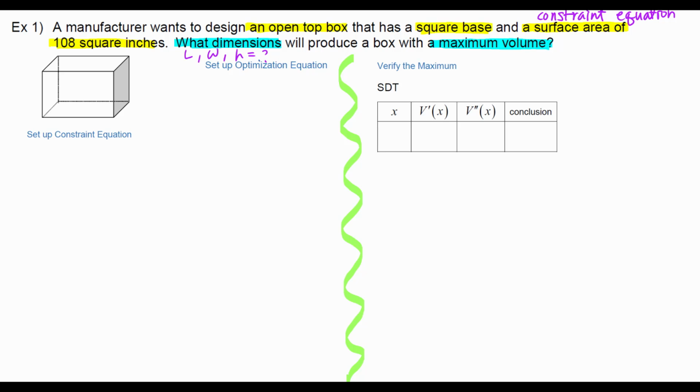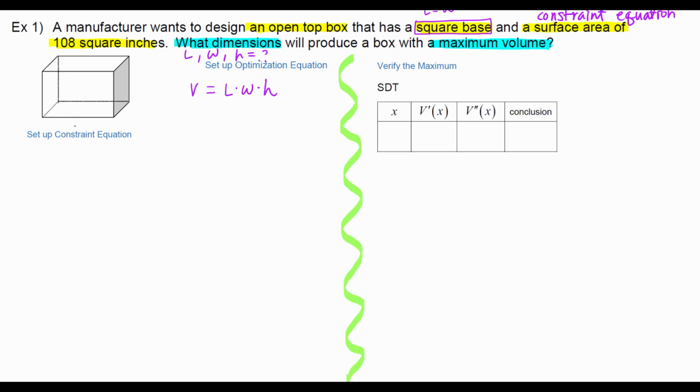So let's now try to set up an optimization equation. What are we trying to maximize? We're trying to maximize the volume of this box. Volume is equal to length times width times height. That's the volume of a box formula. But because they said that this was a square base, my length and width will be the same because it's a square.